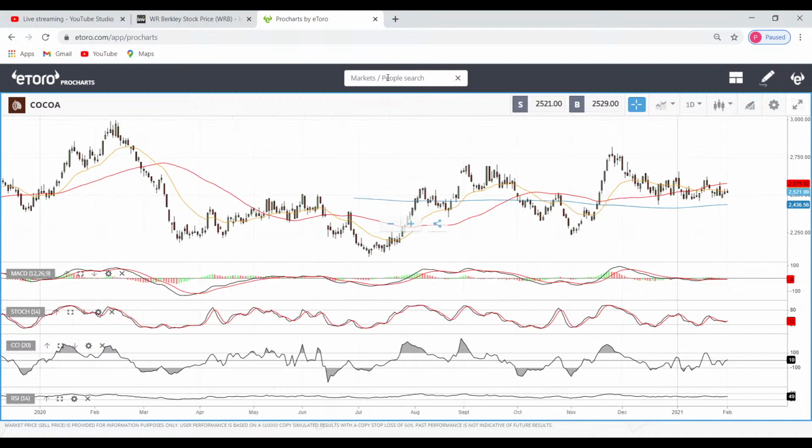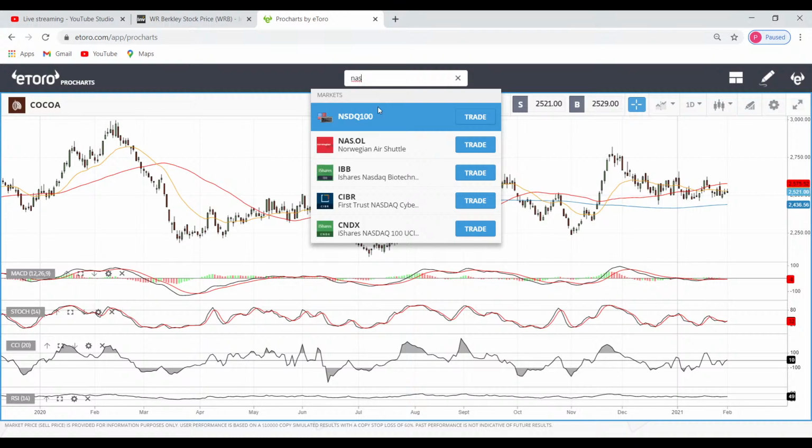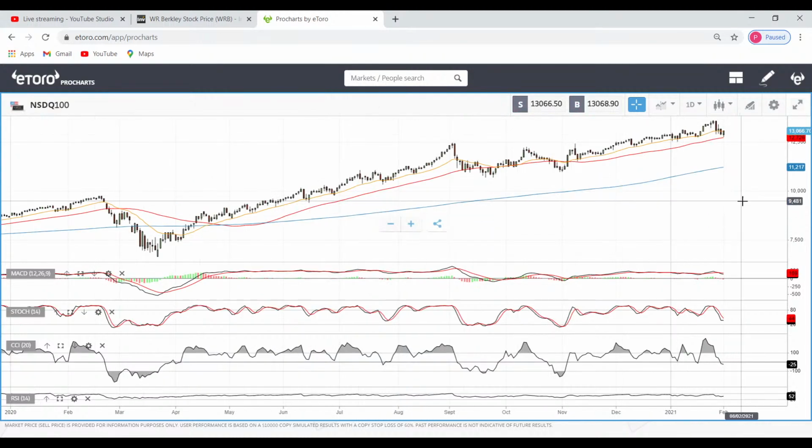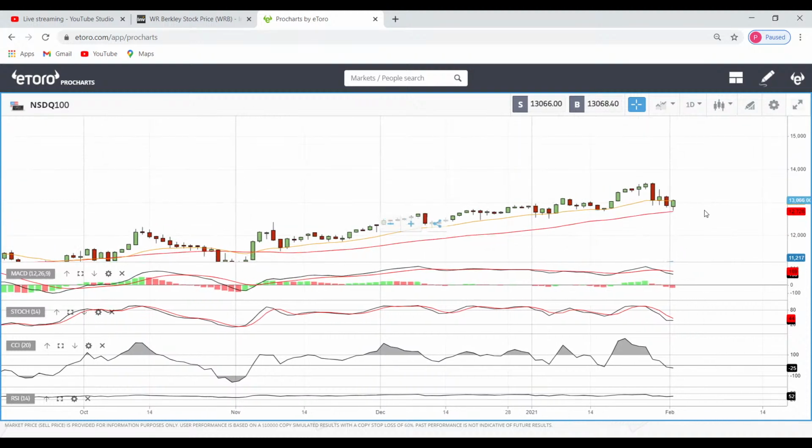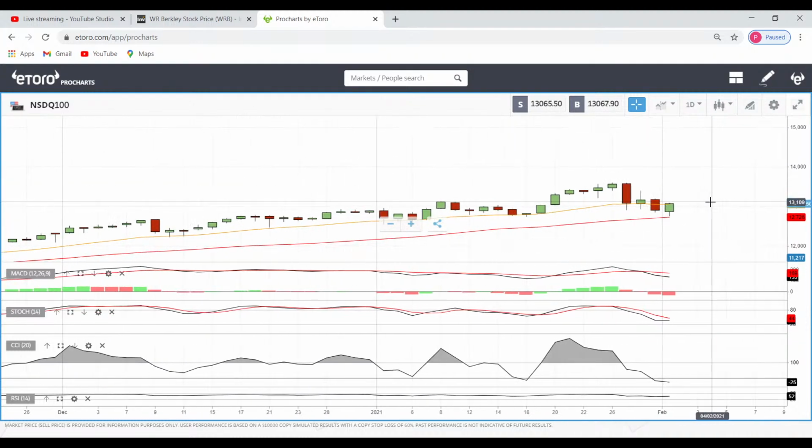So we go and look at the NASDAQ. As you can see, last night I got quite nervous because I put a stop loss at roughly 12,700, and we got down to 12,740, I think it was, and then it just exploded to the upside.